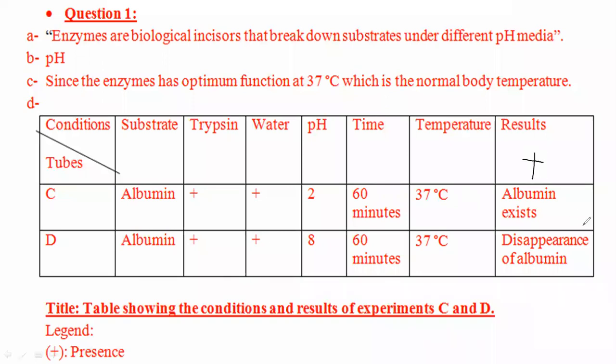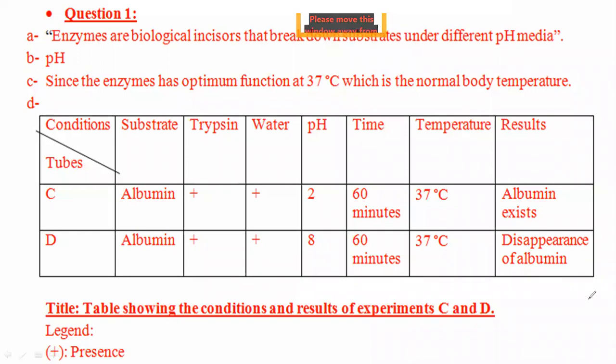This is not accepted. In the results, you have to write them as a text: persists, exists, remains the same, or disappears. Plus and minus is not accepted, because if you put them, it means you are talking about conditions. The result should be written in the form of a text. Okay, Kareem?